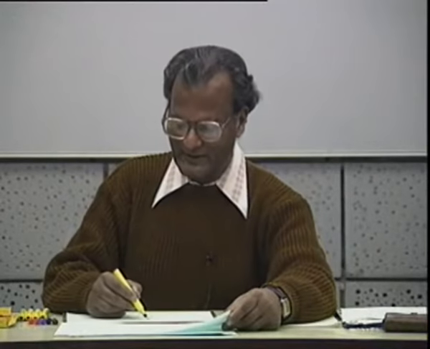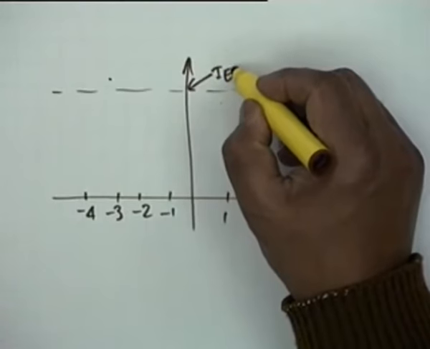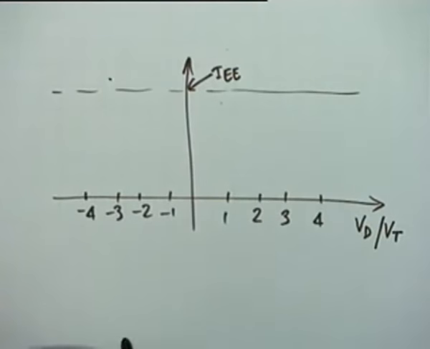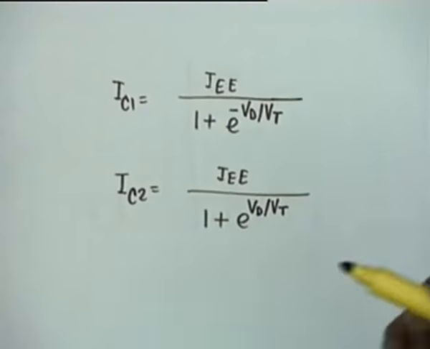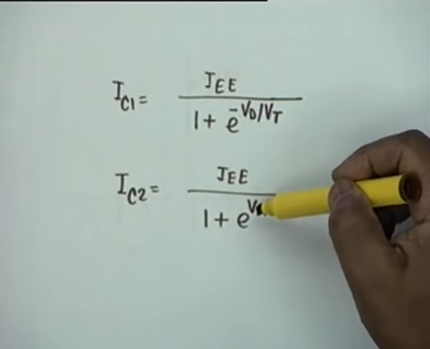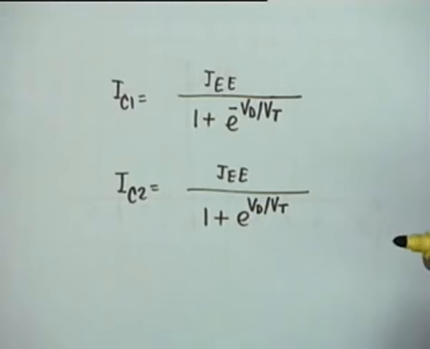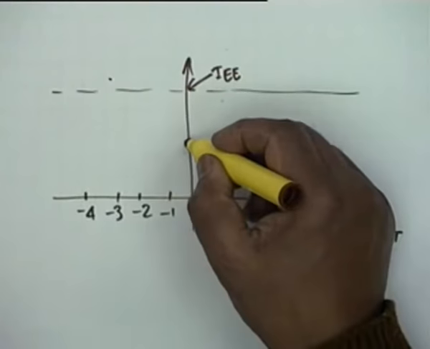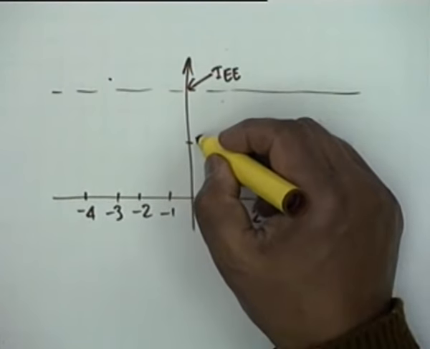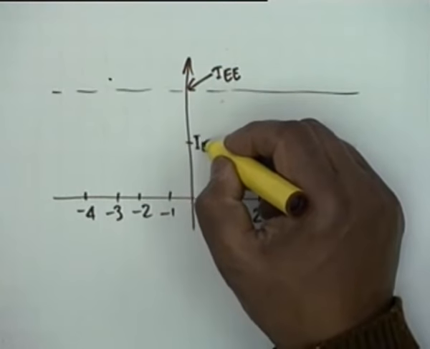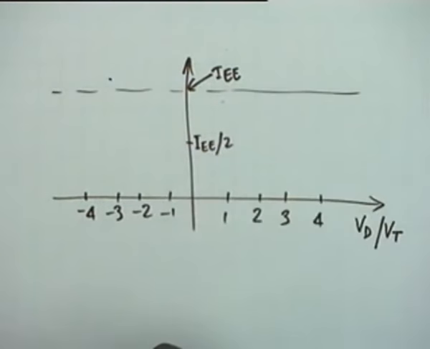So the maximum value is IEE. You also notice that when the differential voltage Vd is 0, then both the currents are equal, IEE by 2. So both the curves must pass through this point, IEE by 2.